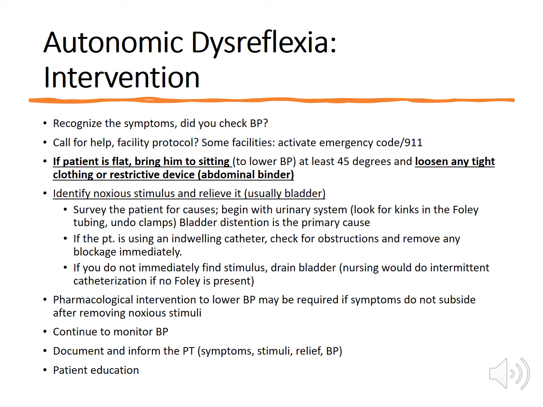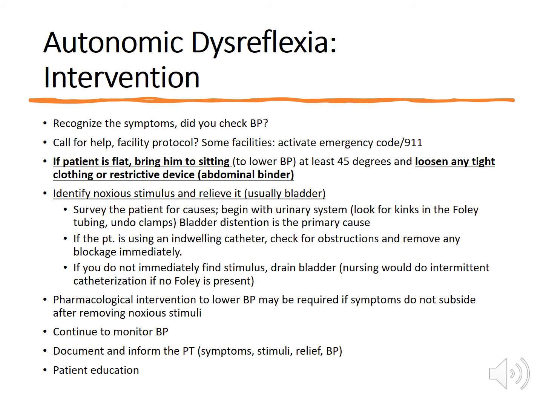You have to identify what is causing this autonomic dysreflexia. So you check the bladder to see if it's distended. You want to begin obviously with the urinary system. So you want to look to see if there's a kink in the Foley, if the tubing is bent. You have to undo any clamps.